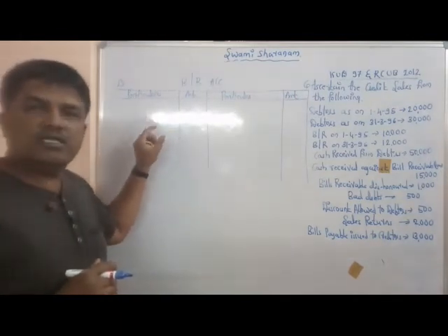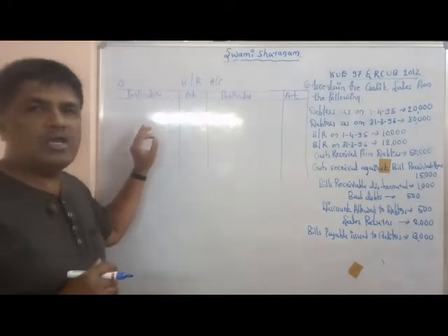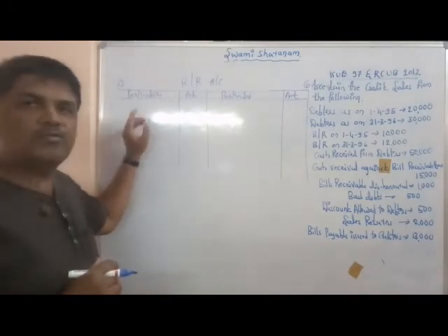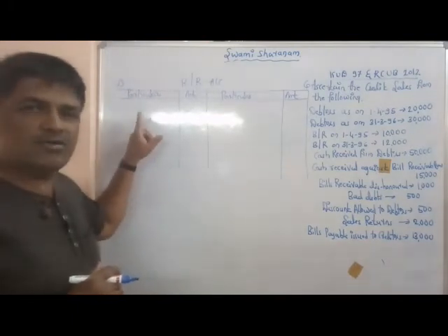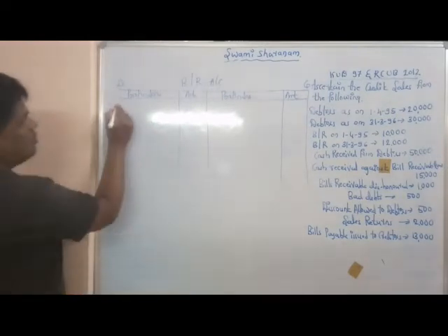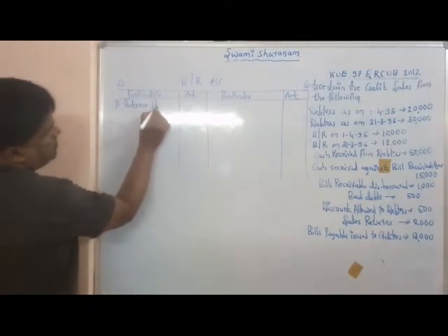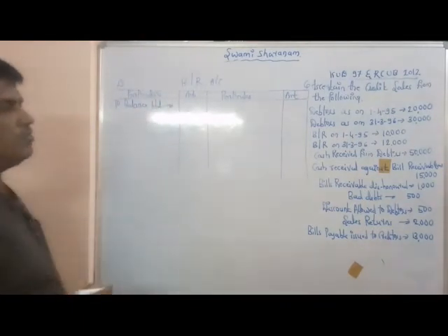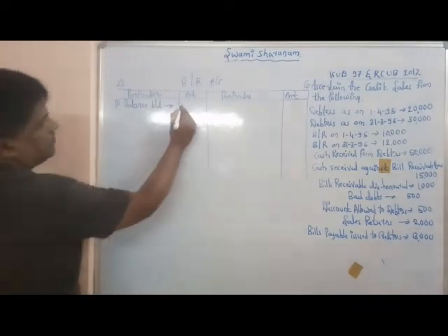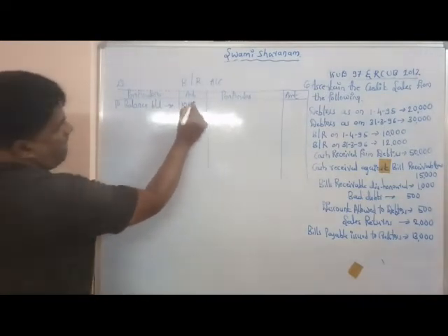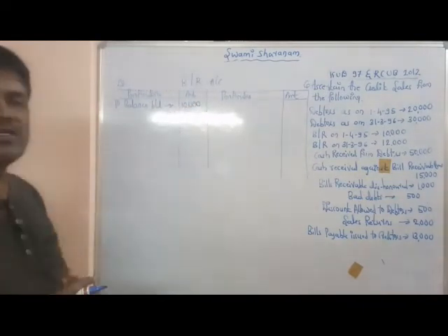The opening balance of all the assets will appear in the debit side of that particular asset account. To balance brought down. How much is opening bills receivable? 10,000.